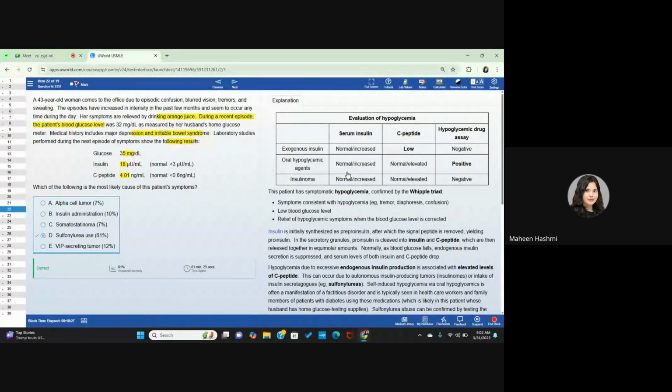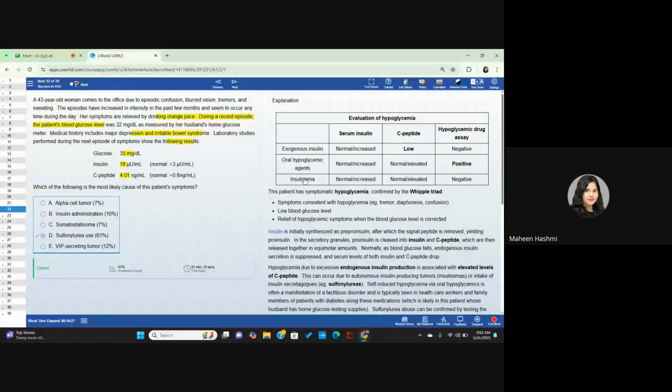Now, hypoglycemia can be because of a lot of things. It can be because of exogenous insulin, that you're taking a lot of insulin. It can be because of oral hypoglycemic agents that include secretagogues, such as sulfonylureas, and it can be because of an insulinoma as well.